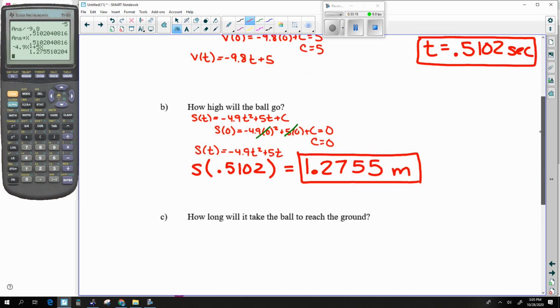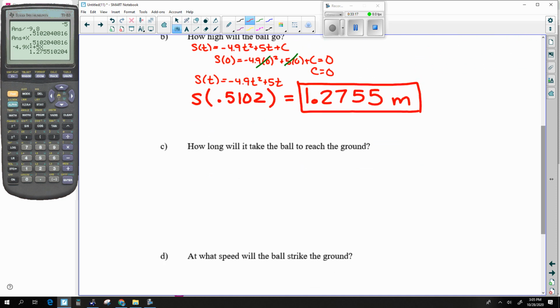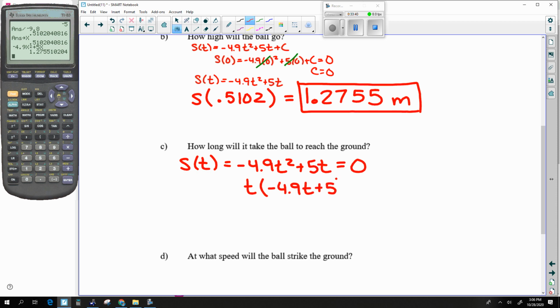How long will it take for the ball to reach the ground? So that is asking, where is this position equal to 0? It's obviously when time is equal to 0, but that's at the start of the flight.